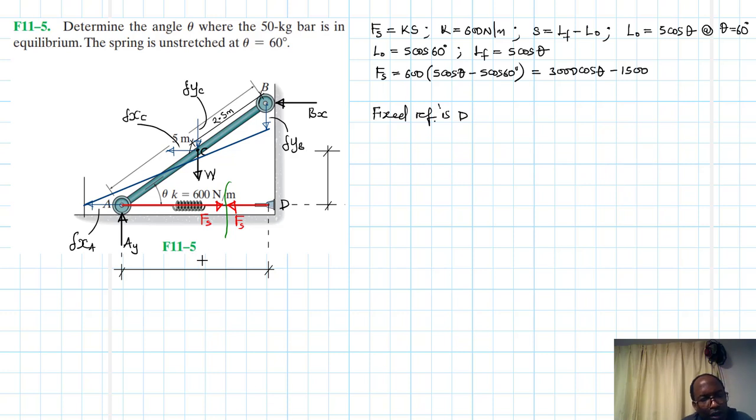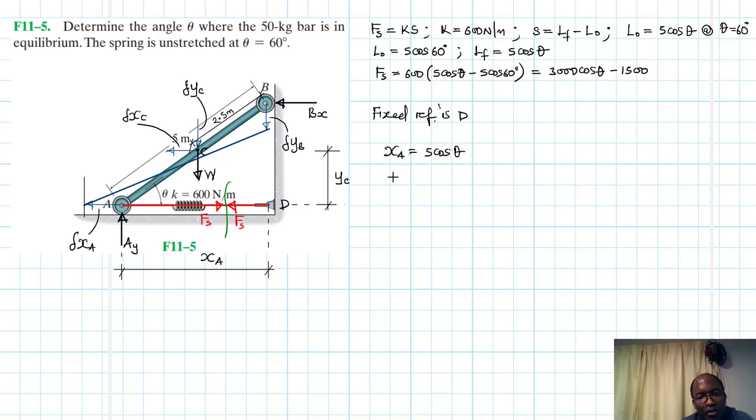So this one, we are calling this as the XA. Alright, D is our reference. And then this one we are calling it as YC. Okay, so let's write down these equations. So XA is just going to be equal to, from D to that point there, 5 cos theta.